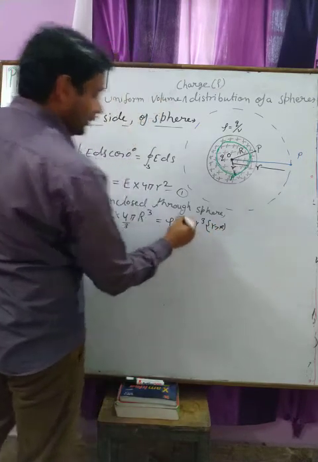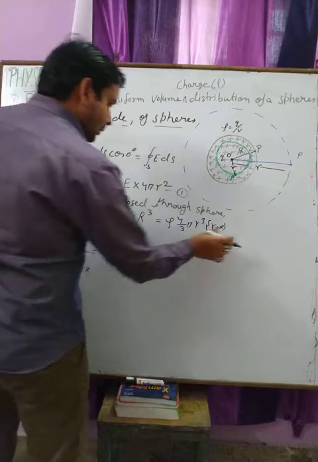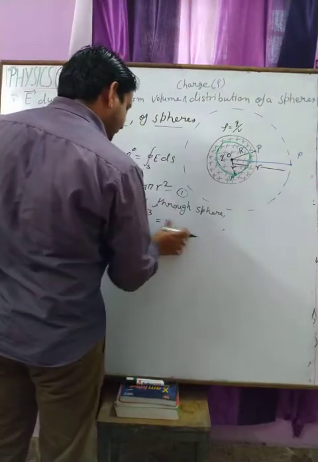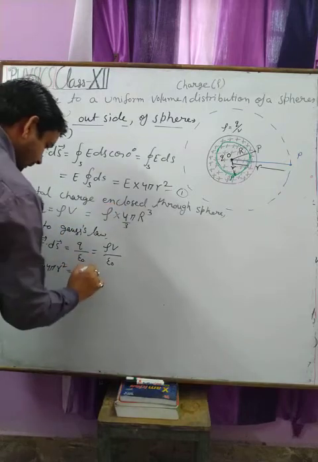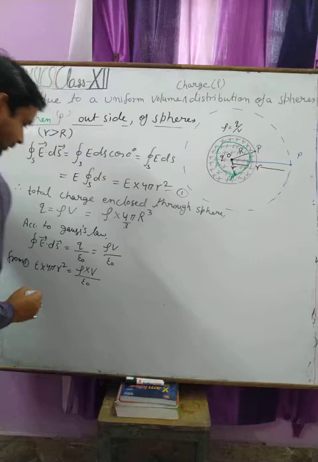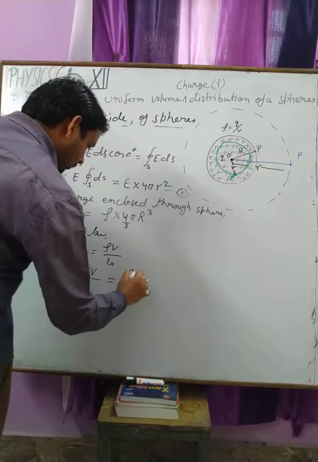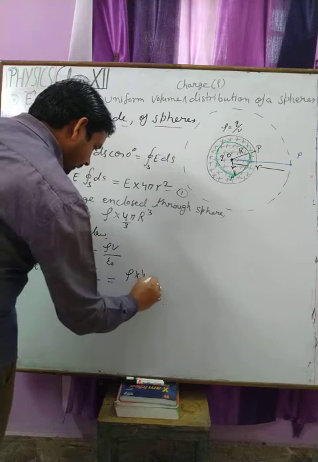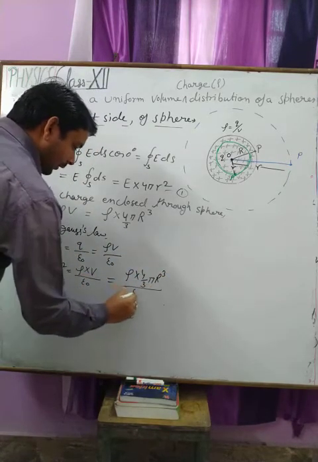So we change this r cube with this relation, and use the same value, no problem. That is rho v upon epsilon naught. Okay, so you have the result is rho into 4 by 3 pi r cube upon epsilon naught.